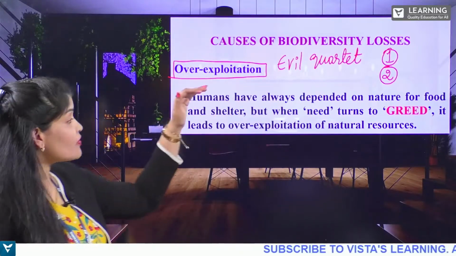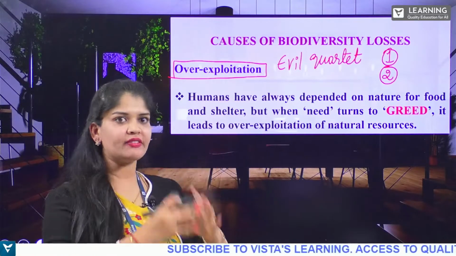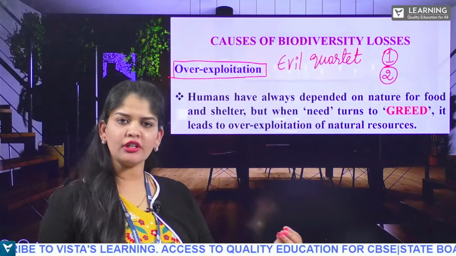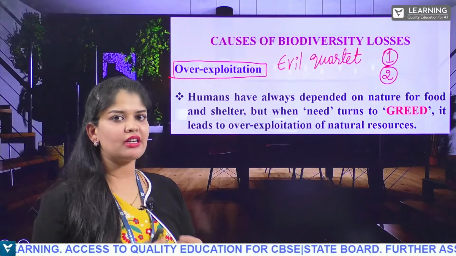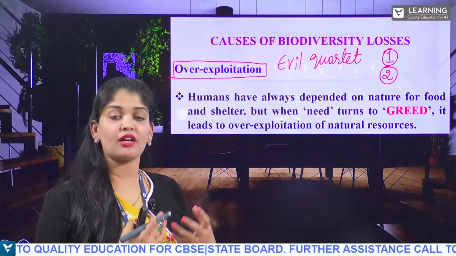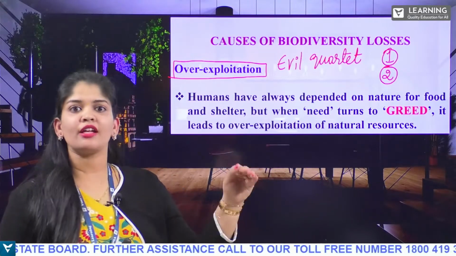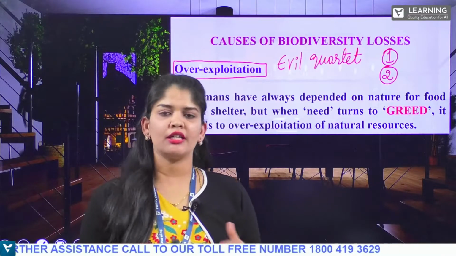If it is at the level of exploitation to meet our needs, in terms of getting food or getting shelter, if we are exploiting our nature, our ecosystem, that is fine. At the level where we are maintaining harmony, it is all fine.